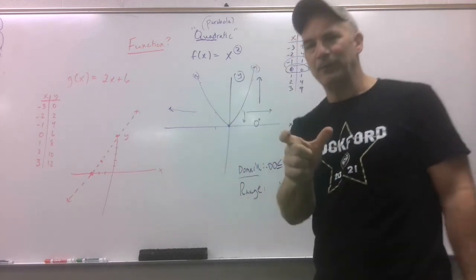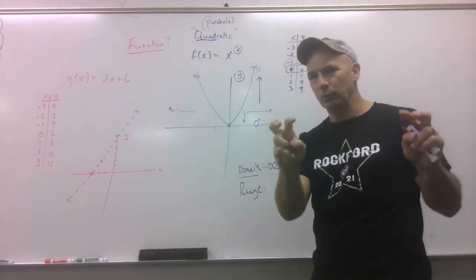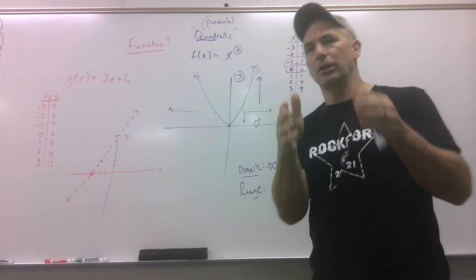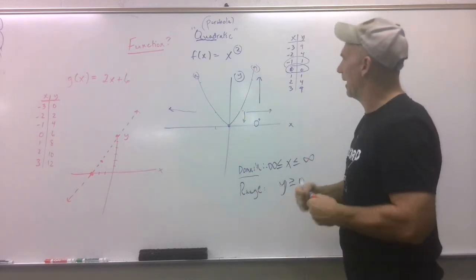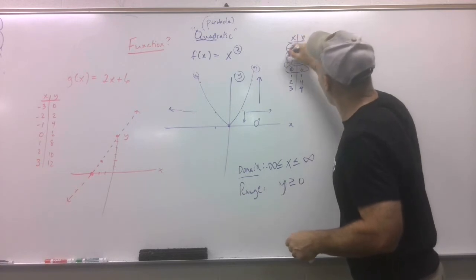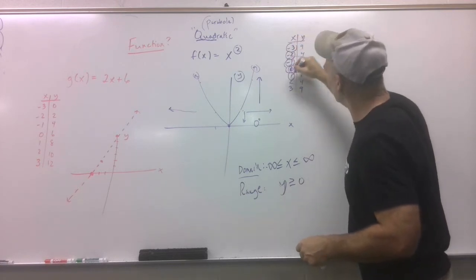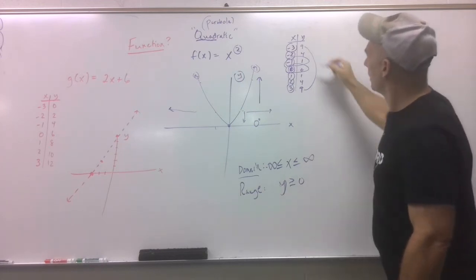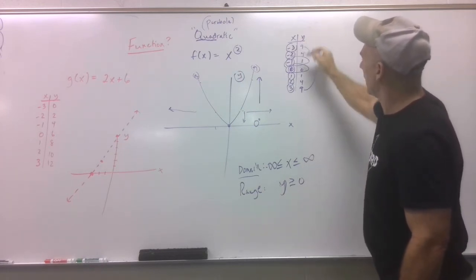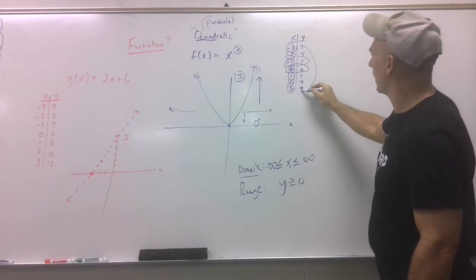But then there's this definition of what a function is, and we have to actually fine-tune our thinking. The definition of a function is: for every new x, there's going to be a new y. Notice the -3 corresponds with 9, and the +3 corresponds with 9.